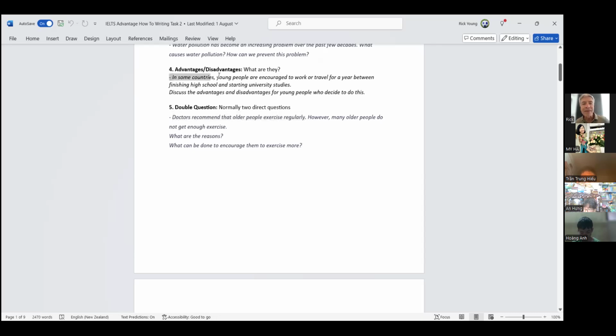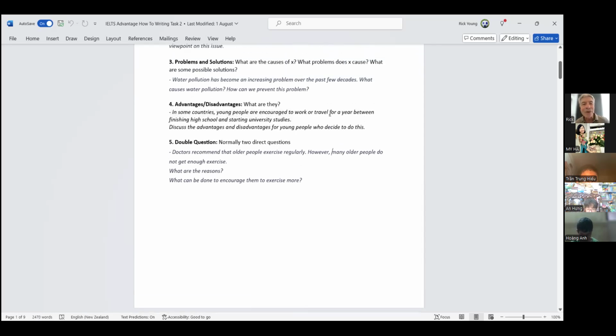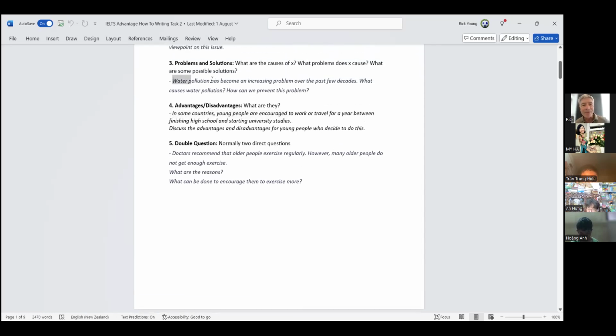This question here, this is the thesis statement. In some countries, young people are encouraged to work or travel between finishing high school and starting university studies. Your first sentence of your introduction is a paraphrase of this, and so on. Okay, same thing. This is the thesis statement. First sentence of your introduction is a paraphrase of this for this topic.